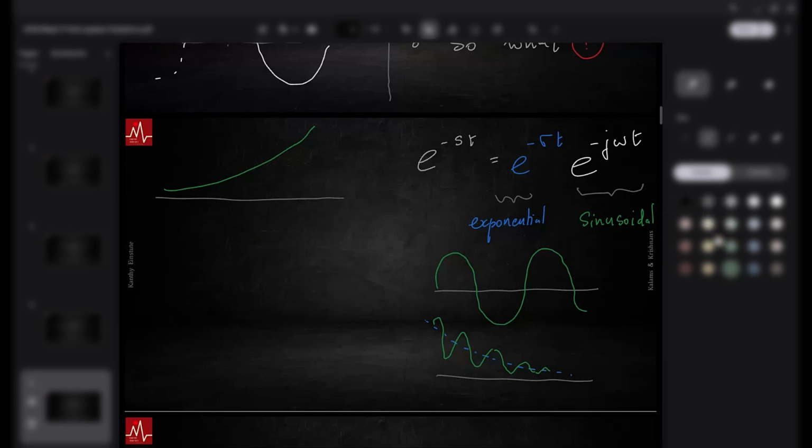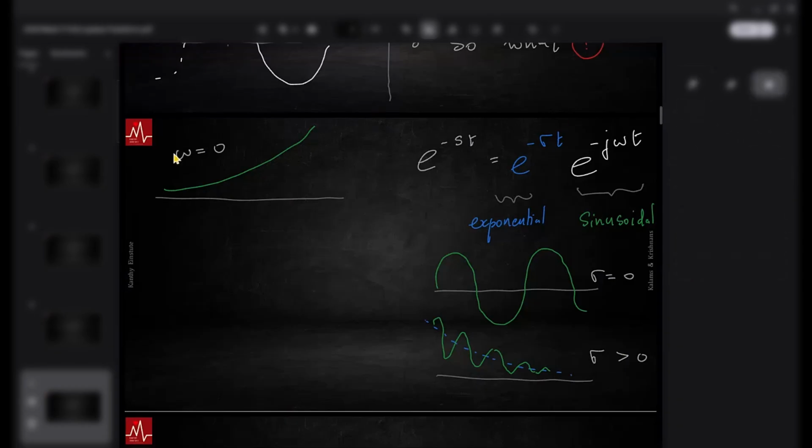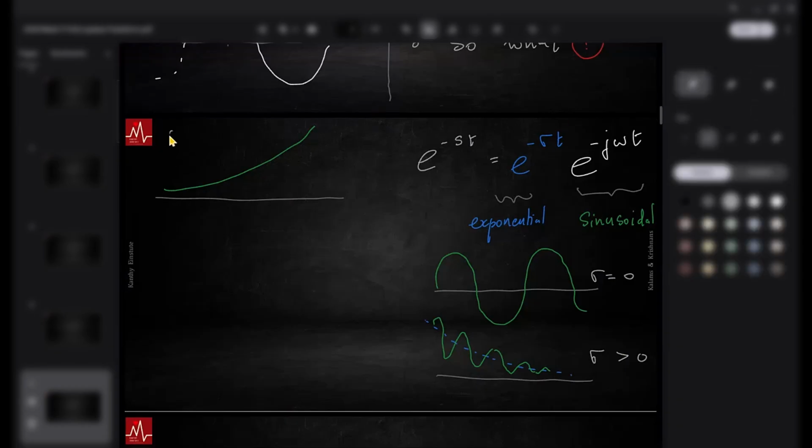Okay. So here sigma is 0. Here omega is 0. Here sigma is positive. Of course, if omega is 0, there is no oscillation. If sigma is less than 0, say minus 2, then e power minus sigma t is e power 2t, and this is blowing up.